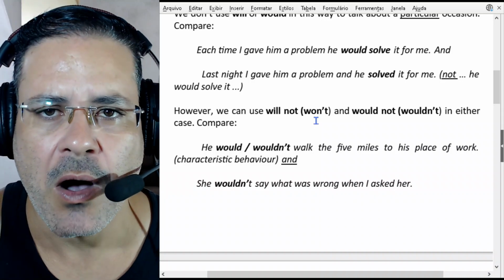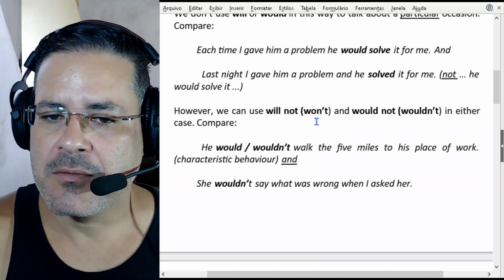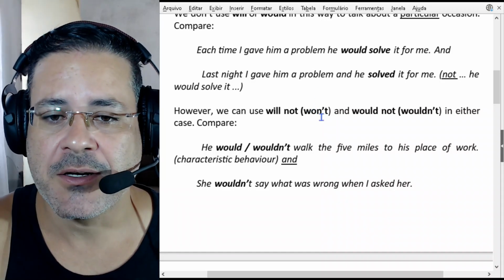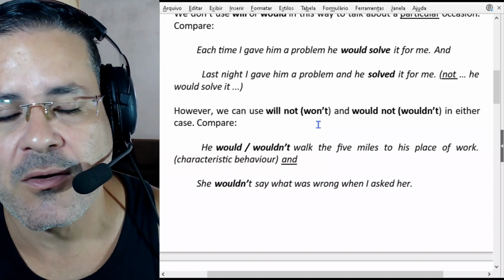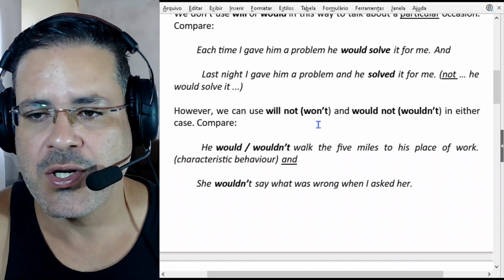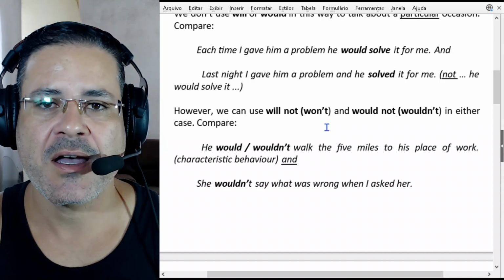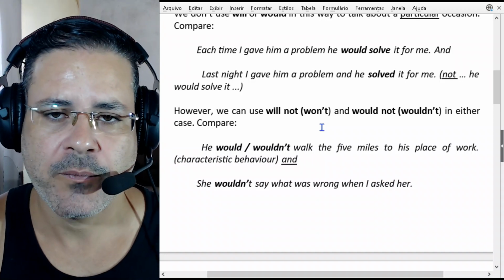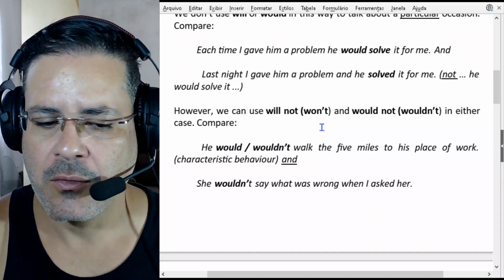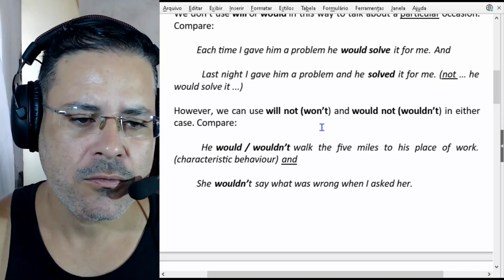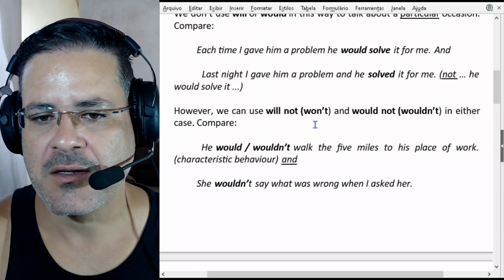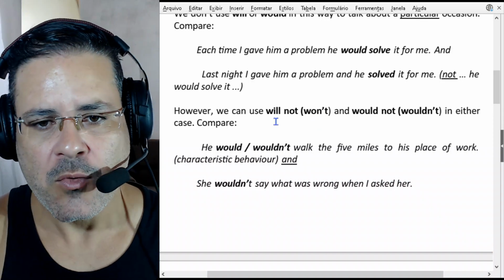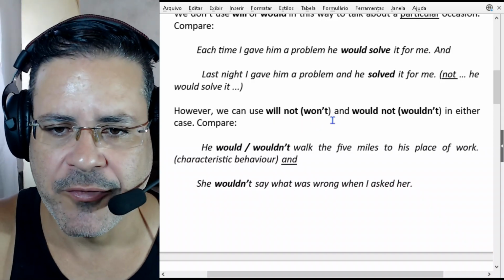Take great care in relation to that pronunciation, because, for example, if we consider the verb to want, which is to desire something, you might confuse the verb to want with won't. In that case, it is won't, which is the future in the negative form. Will not, won't.